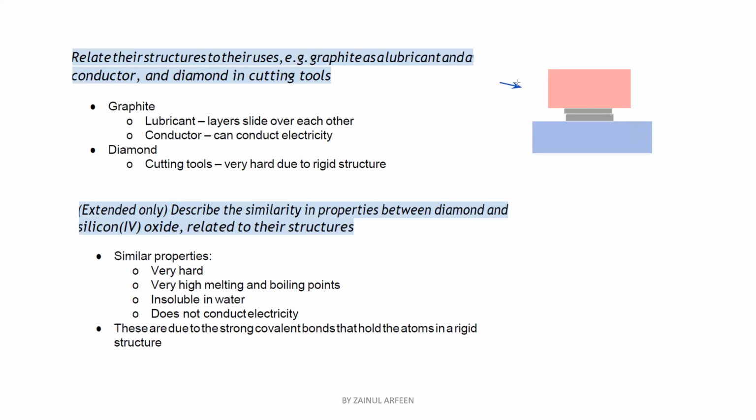As we apply a force and push the two objects, because the graphite has a layer structure, these layers of graphite can slide over each other, they can slip over each other. As the layers can slip over each other, the two surfaces can easily move over each other. That is why graphite can be used as a lubricant. Is it clear? The concept of a lubricant.